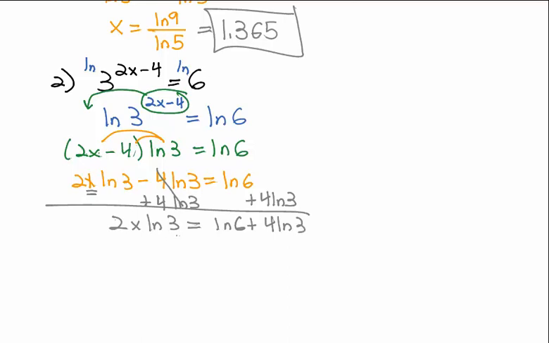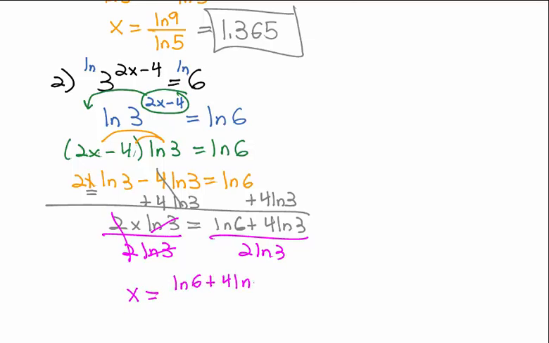Almost done. To get x alone, we divide by everything it's multiplied by. Divide by 2 natural log of 3 on both sides. The natural log of 3 and the 2's go away. So x is equal to the natural log of 6 plus 4 natural log of 3 over 2 natural log of 3.